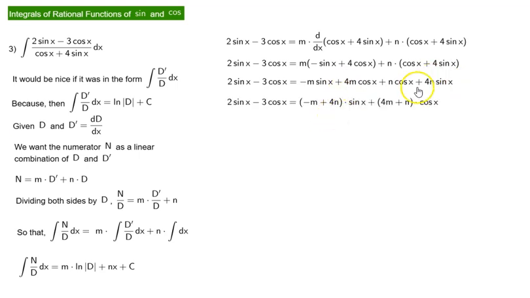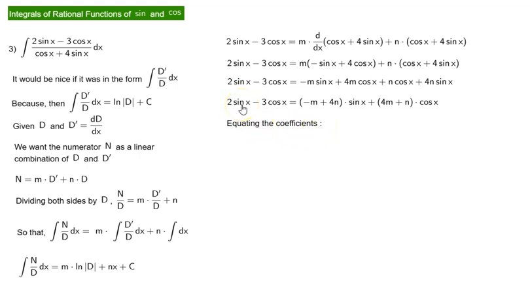Let's combine the like terms. We get 2 sin x minus 3 cos x is equal to minus m plus 4n sin x plus 4m plus n cos x. And now equating the coefficients.